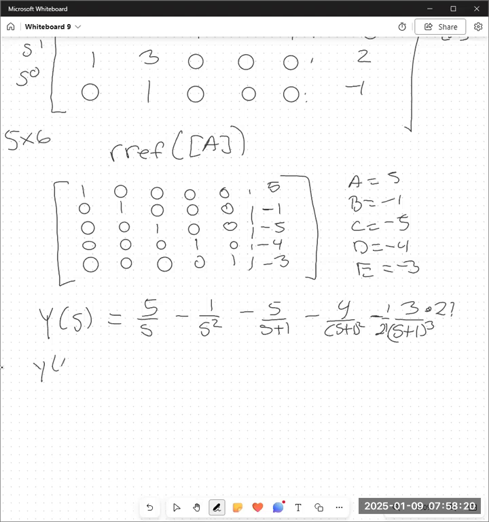So my y of t is going to be 5 minus t minus 5e to the negative t minus 4t e to the negative t minus 3 over 2, which is 3 halves, t squared e to the negative t. Let's move on and do some initial value problems before we finish this up.